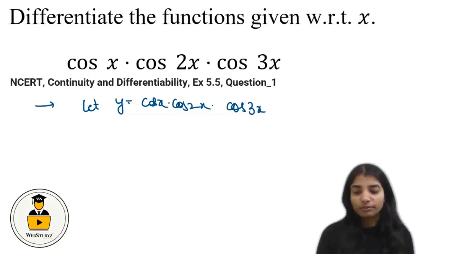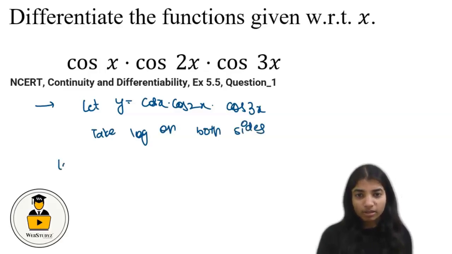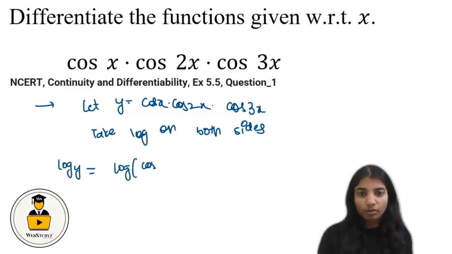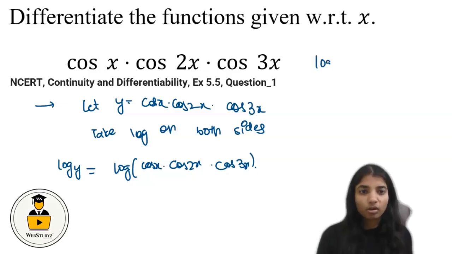So what we are going to do is take log on both sides. So this becomes log of y, and this becomes log of cos x multiplied by cos 2x multiplied by cos 3x. And we know that log of a multiplied by b is equal to log of a plus log of b.